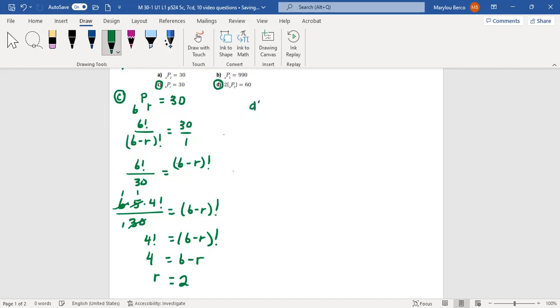If we take a look at D, what I have is 2 times n pick 2 equals 60. Well, the first thing we're going to do is divide by 2 to simplify. So n pick 2 equals 60 over 2.